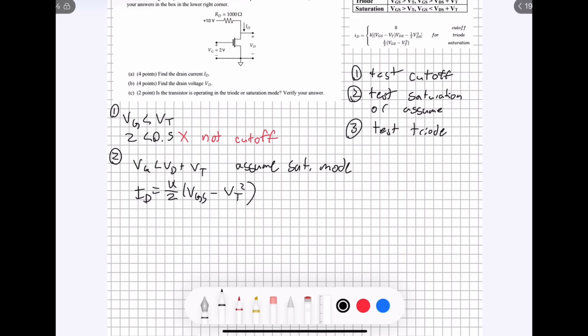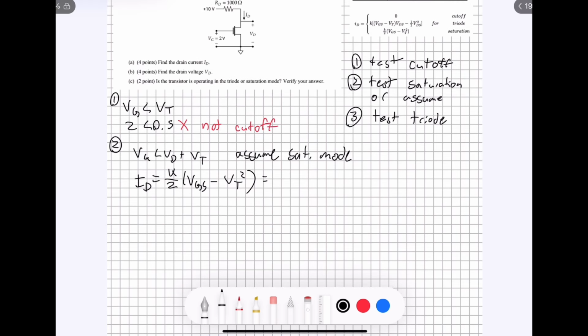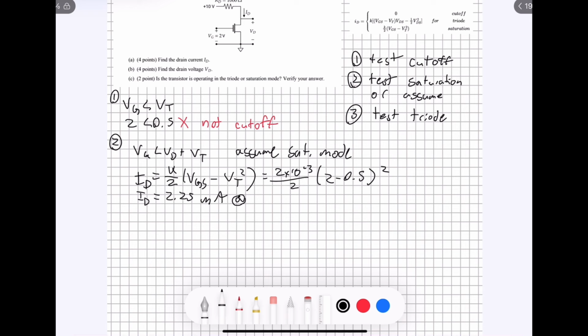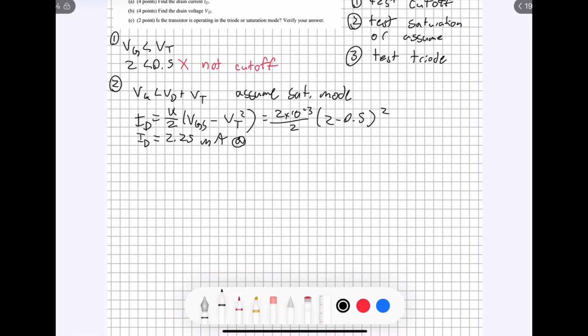And if we plug in the values that were given in the original problem, our equation is going to look like this. And it's going to give us a final value of ID is equal to 2.25 milliamps. Now, if we're correct about this being in saturation mode, then that's going to be our answer for A. But before we say 100% that that's true, let's go on to determine VD.